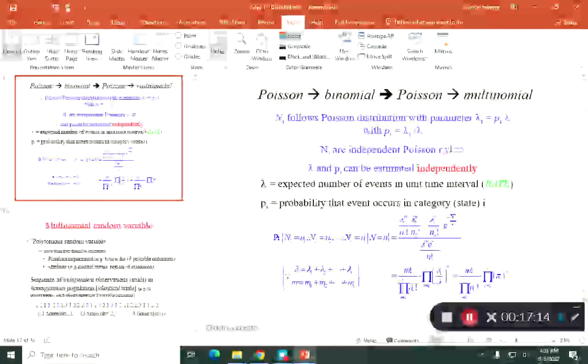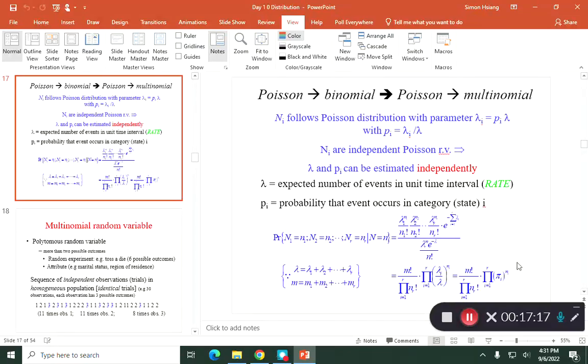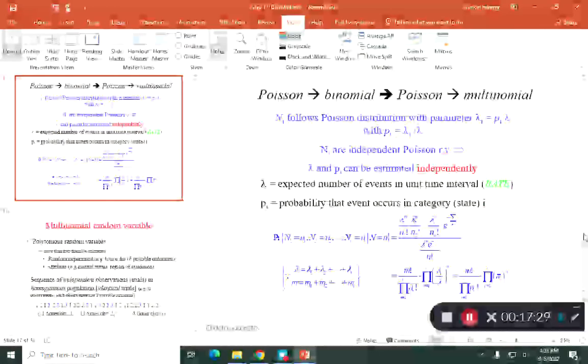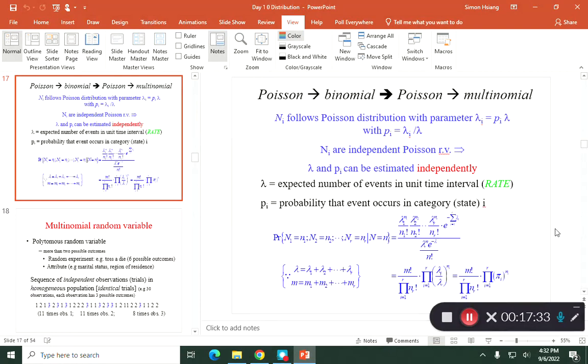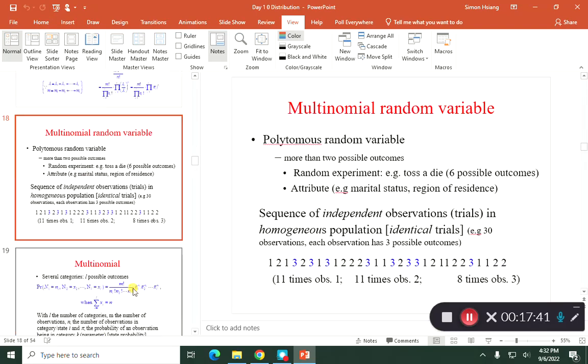And if you have a multinomial example, it's how many chances I'll have 1? How many chances I'll have 2? How many chances I'll have 3? And then the combinatorics possibility will be 1, 2, 1, 3, 3, combinations. And when you combine all the combinations together, that distribution is not binomial, it's multinomial distribution.